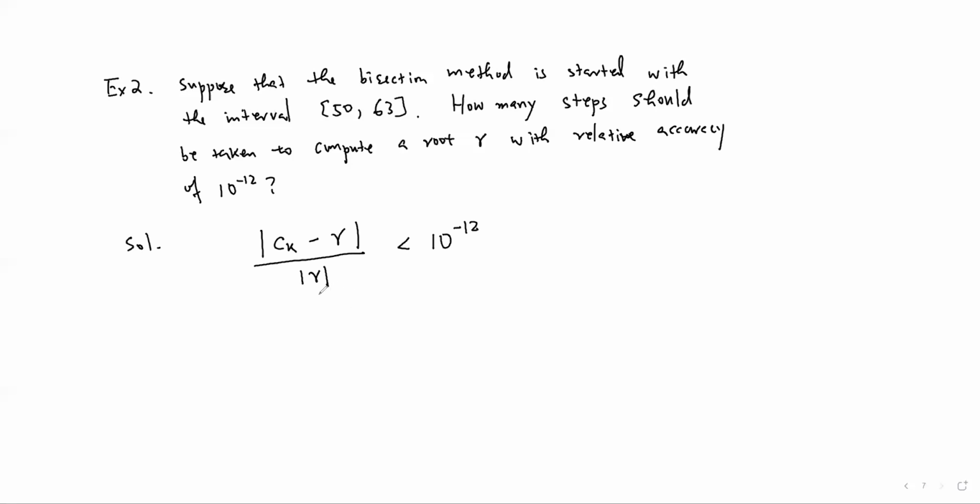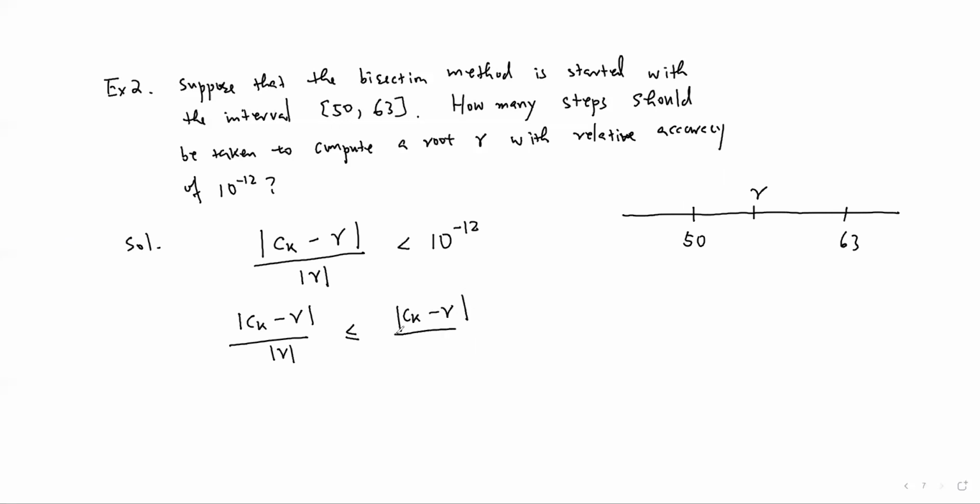First, we don't know the root r, but we know r is inside this interval, so r is greater than 50. Therefore, |c_k minus r| over r is less than or equal to |c_k minus r| over 50.